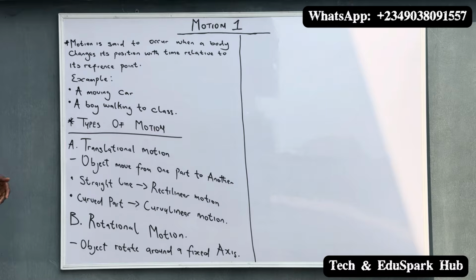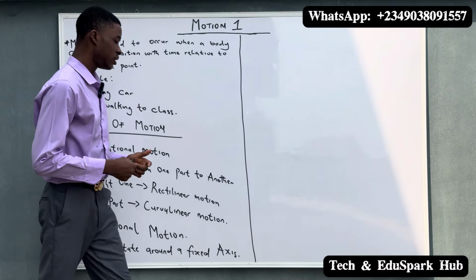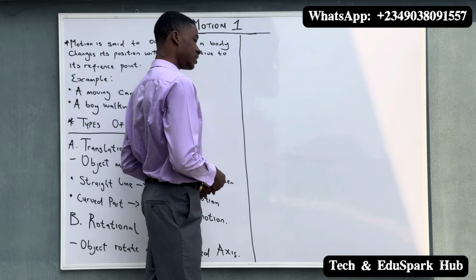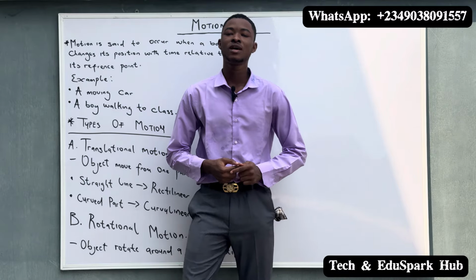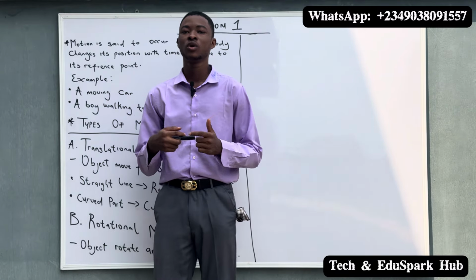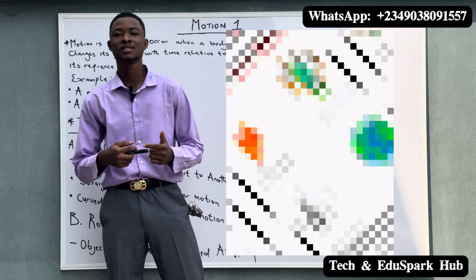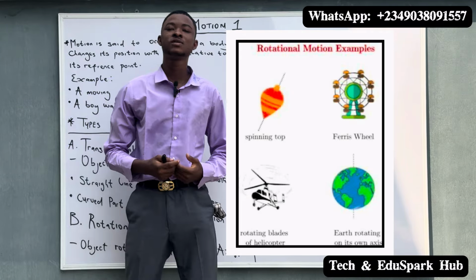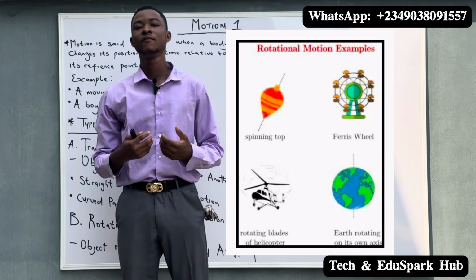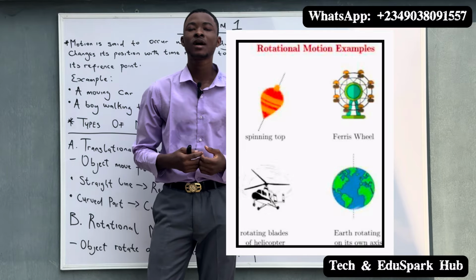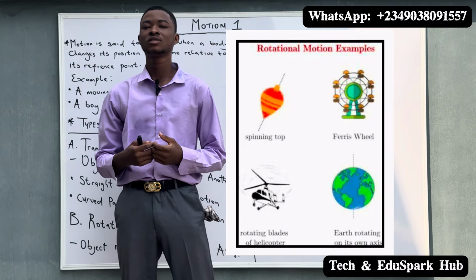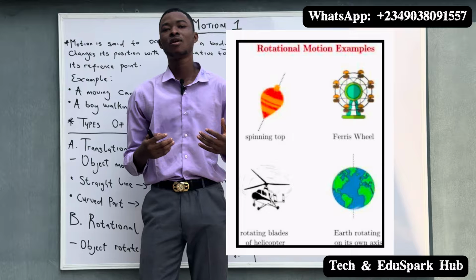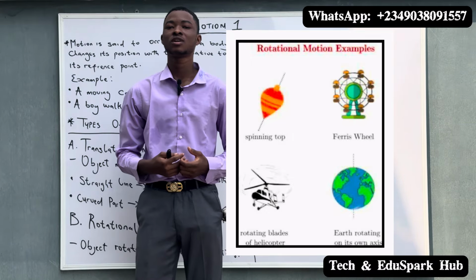So this is a simple definition of the rotational motion. Let's look at examples of rotational motion. We have a spinning top, a Ferris wheel, the helicopter blade rotating, and the axle rotating around a fixed axis. So all these are examples of the rotational motion.